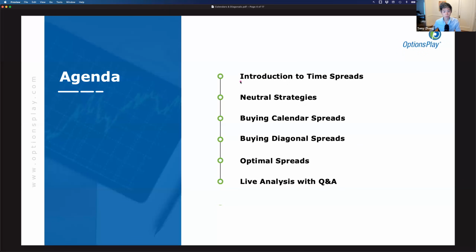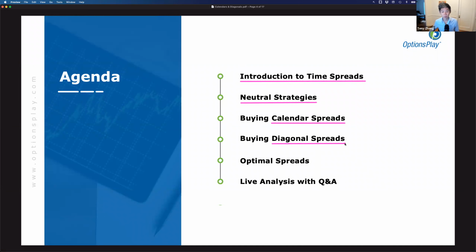So what we're going to do today is start off by talking about just a quick introduction to time spreads, the three different types of strategies: bullish strategies, bearish strategies, and neutral strategies. We'll start off by talking about neutral strategies because that's really where a calendar spread comes into play. We're going to talk a little bit about what type of neutral strategies you could trade, but the consequences of trading some of those neutral strategies and why you might want to consider using a calendar spread instead for a neutral strategy.